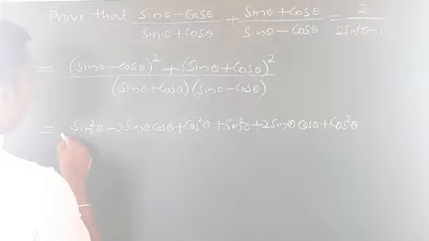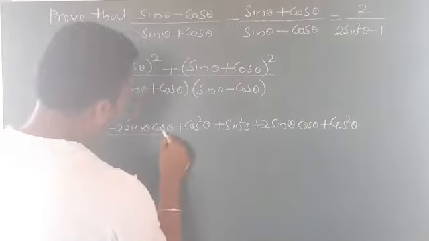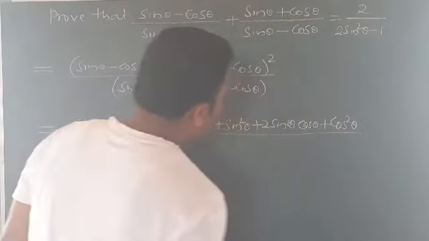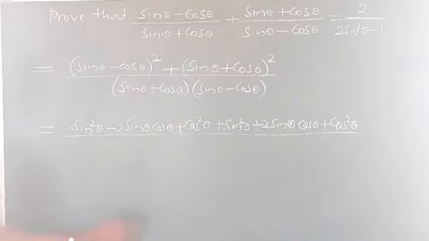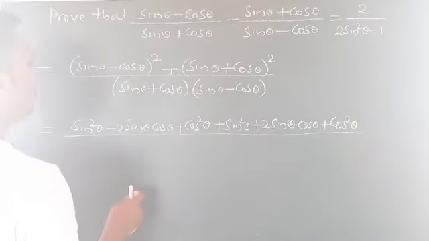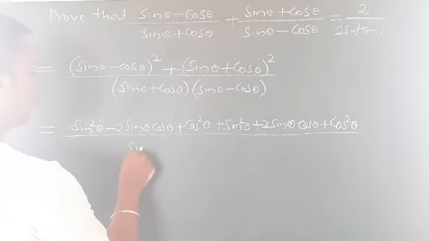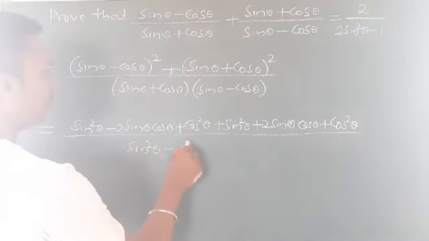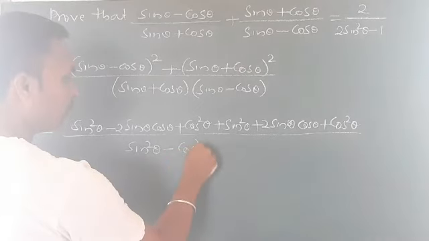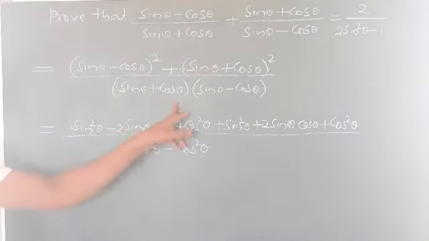Okay, the total quantity divided by, see, this becomes (a plus b)(a minus b), so this becomes a square minus b square. So it is sin square theta minus cos square theta.